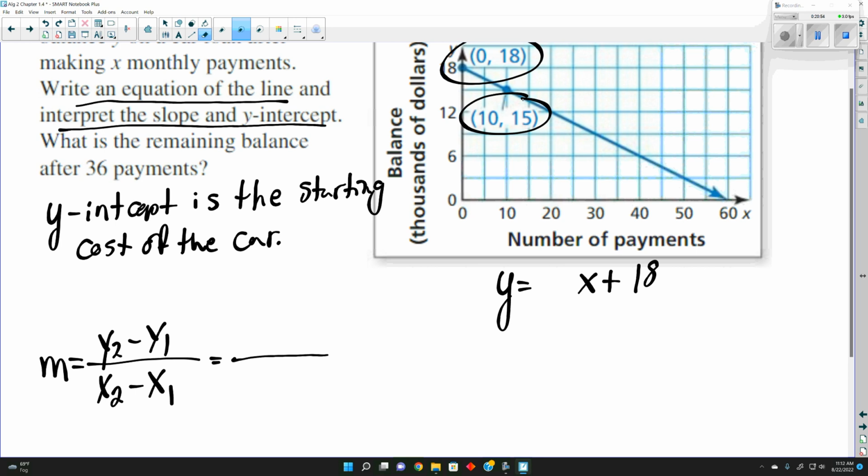Now between these 2 points, we need to pick one of the y values. 10, 15. So the first y value that we'll have is 15 minus. Now again, because we picked 15 first, its corresponding x value has to go first. Now the other y value that we have is 18, and its x value is 0.